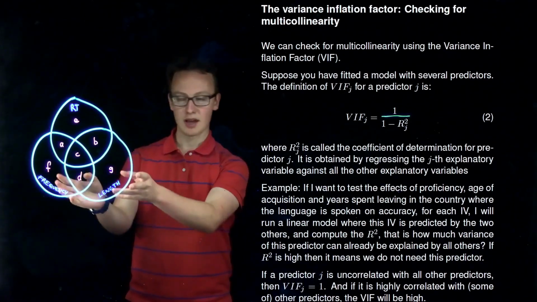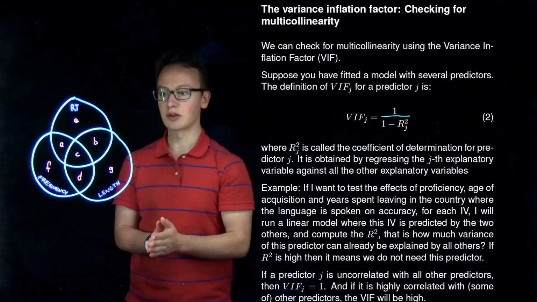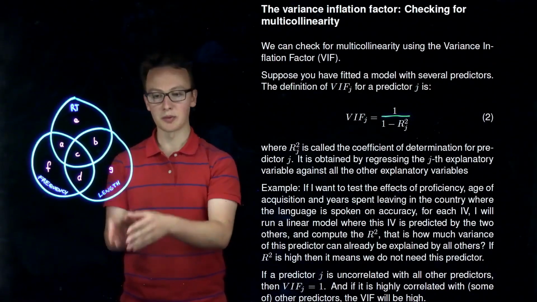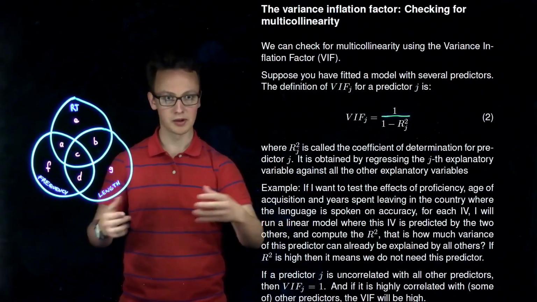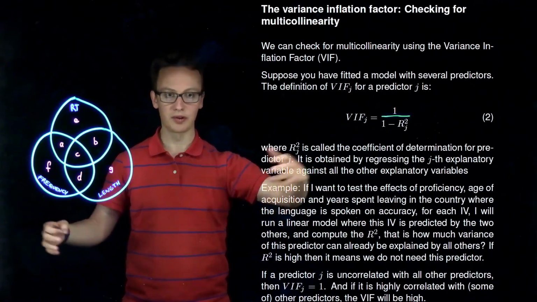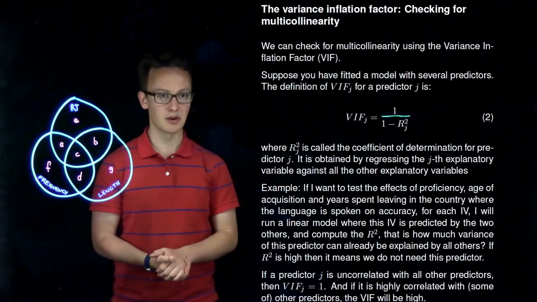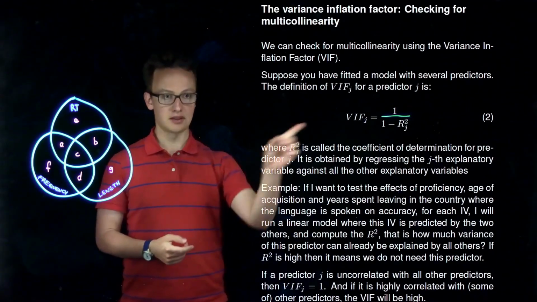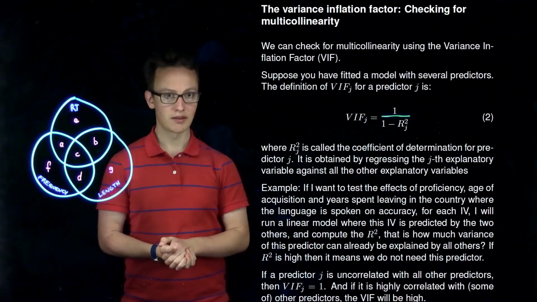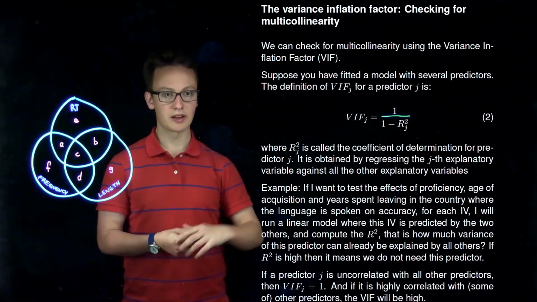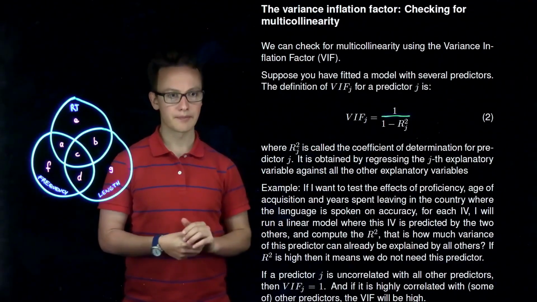Let's say in our example of frequency and length, we could compute it for frequency, and then for length. But it also works for models with more than just 2 predictors, let's say 4 or 5 or 6 of them, or as many as you like. And this is the equation that gives you the variance inflation factor for a predictor j, let's say.